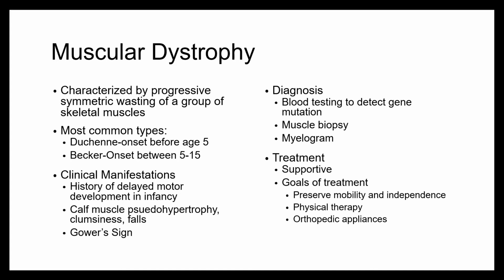The type of muscular dystrophy that the child is diagnosed with depends on the particular group of skeletal muscles that are affected with the disease process. However, even though there can be a differing group of skeletal muscles affected, there are some commonalities across the different types of muscular dystrophy.